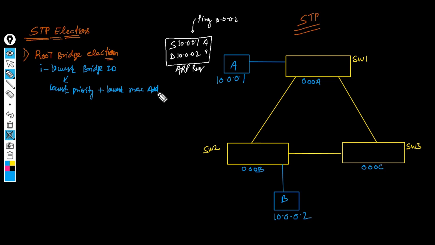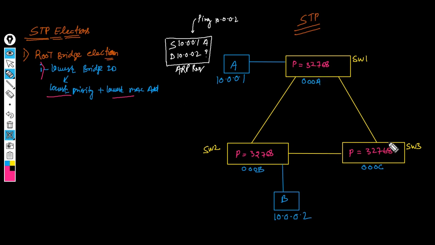Priority plus MAC address is equal to the bridge ID. By default the priority on Cisco switches is 32768, the same for all switches, and the lowest priority will be considered for the bridge ID.